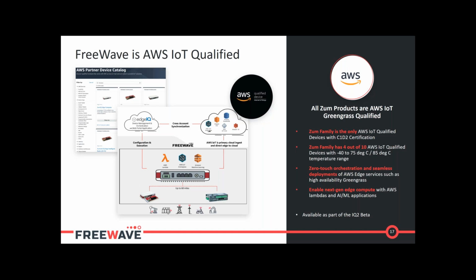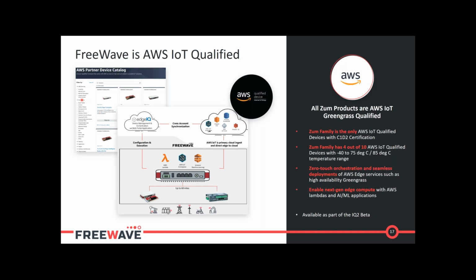One of the other highlights on FreeWave remote management is specific to AWS. There's a couple points here. First of all, FreeWave is an AWS qualified device partner. You see the screenshot in the upper left here. We've got our devices listed on the AWS partner device catalog.